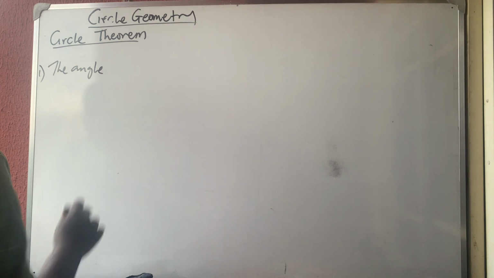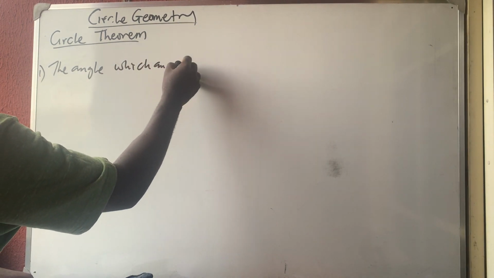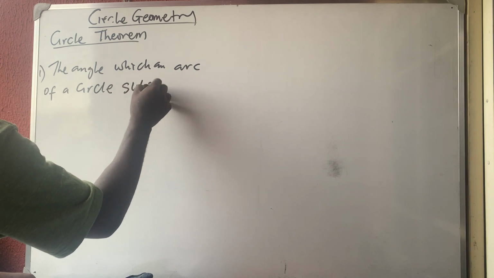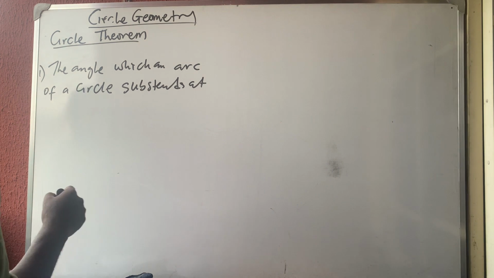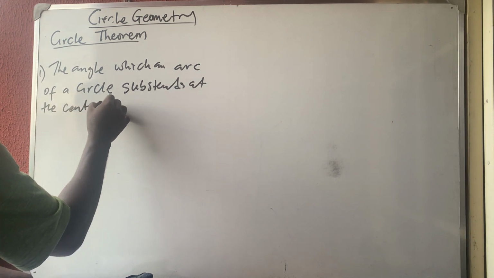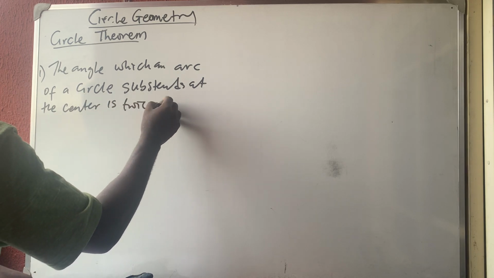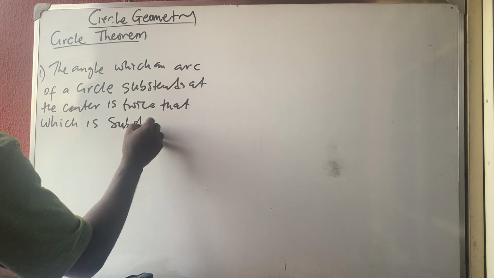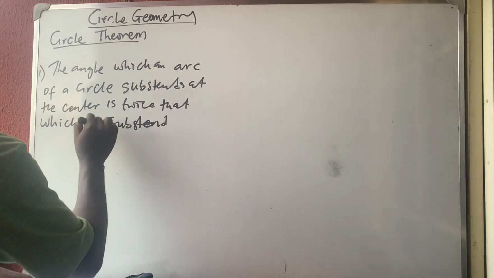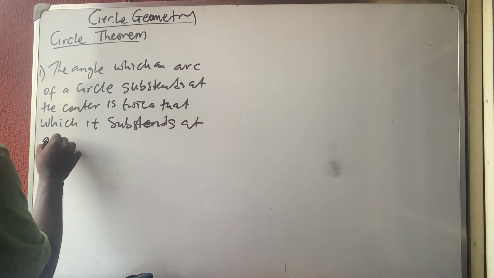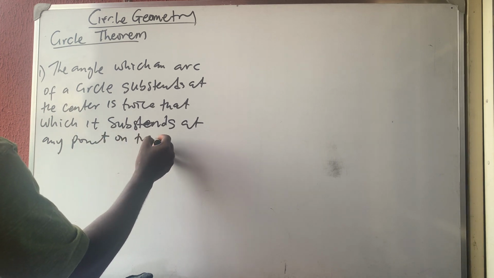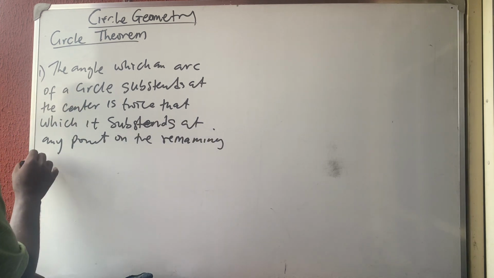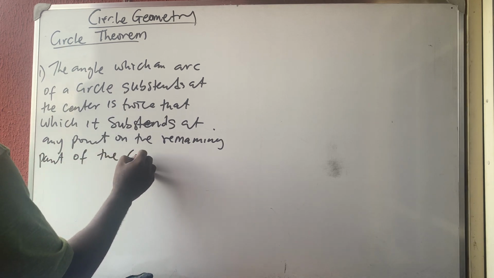They say the angle which an arc of a circle subtends at the center is twice that which it subtends at any point on the remaining part of the circumference.